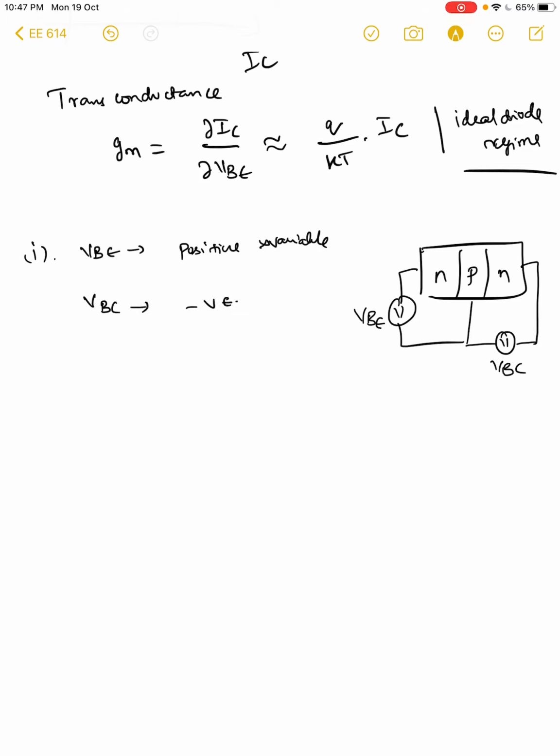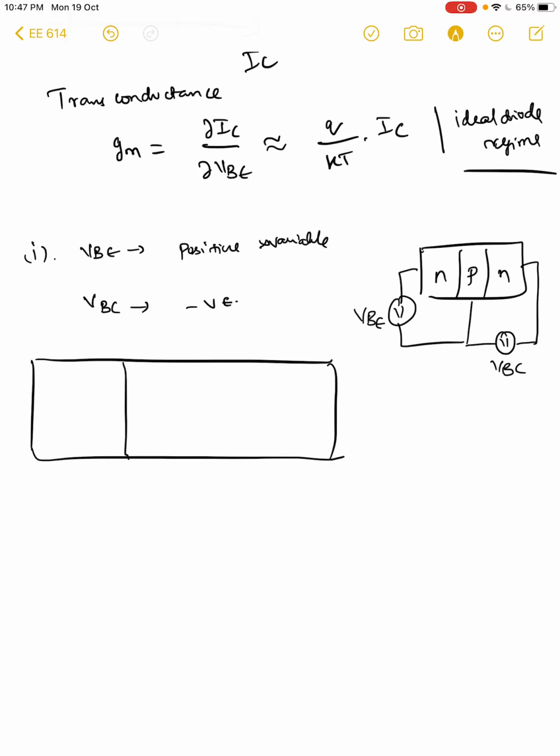So this is the normal mode of operation. Now let us look at how the junction carrier concentrations will be. Let us say this is the depletion width of the emitter base junction, and this is the depletion width of the base collector junction.